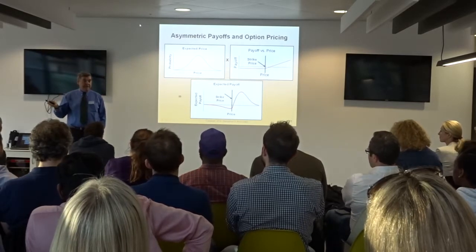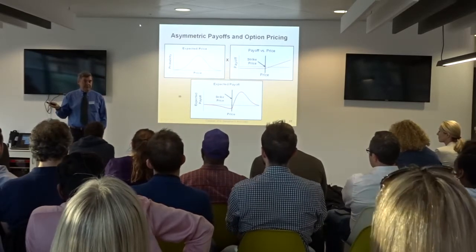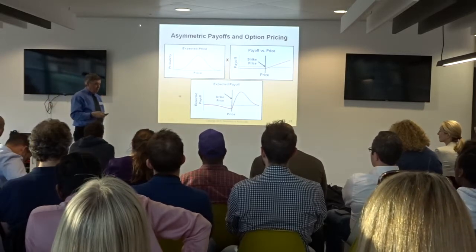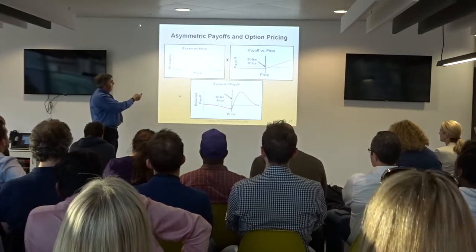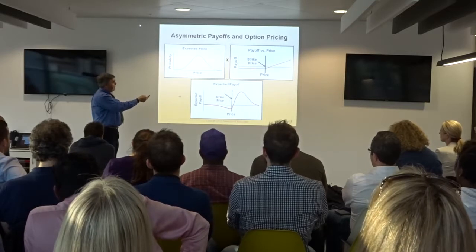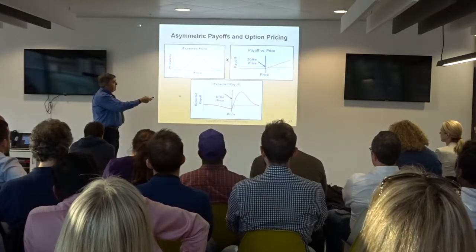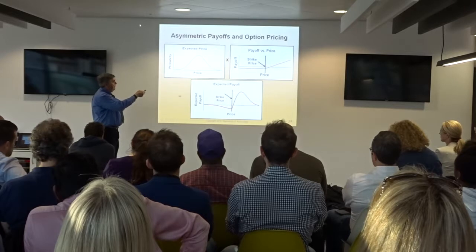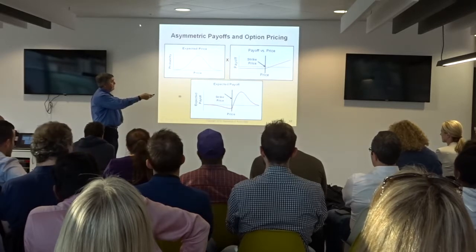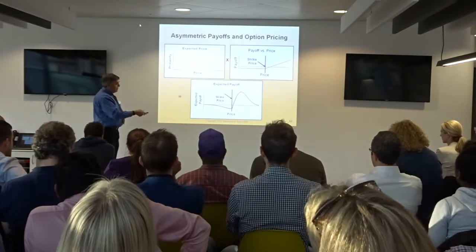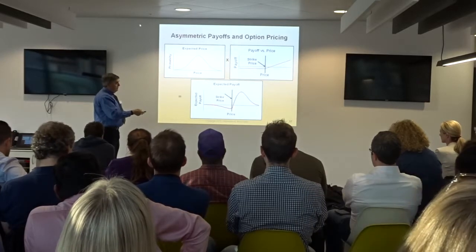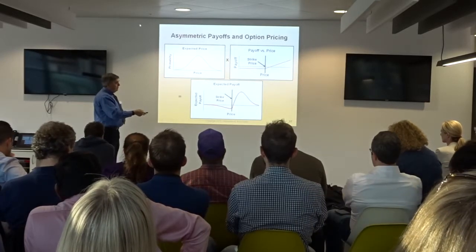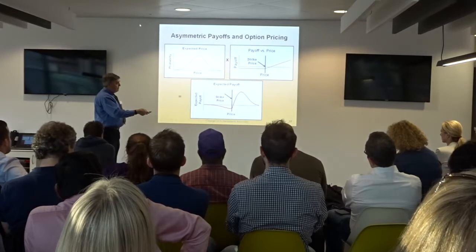It's a little more fat-tailed than log normal, but it's a decent way to think about it. So I ask how probable is each one of these price levels, and how much money do I make if I'm at that price level? When I multiply this function by this function, I get this third graph, which tells me the expected payoff I am likely to get from each one of these price levels.